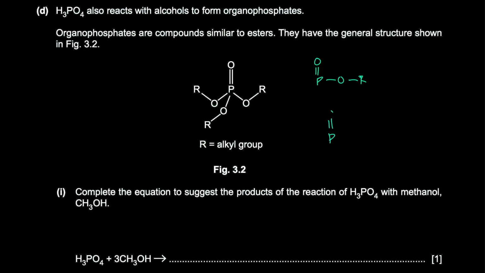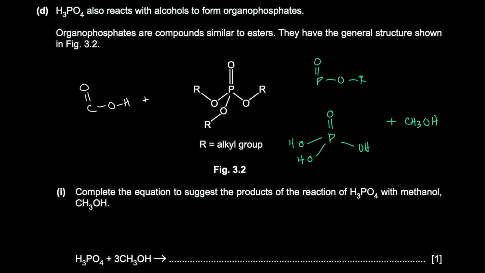Phosphoric acid has this type of structure. This is phosphoric acid, H3PO4. When you react this with methanol, similar to esterification, you have an ester form over here.